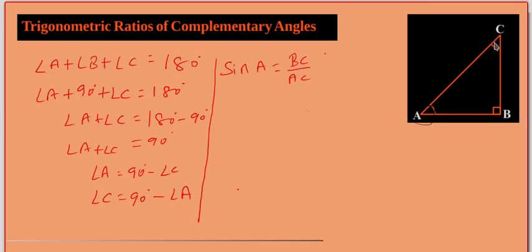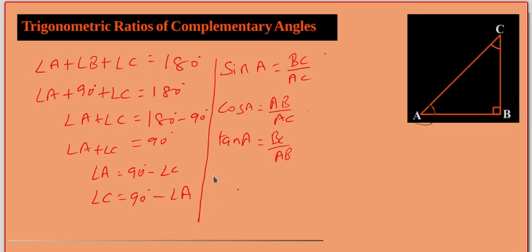We'll get all the ratios for angle A. What is cos A? Cos A is adjacent side divided by hypotenuse, so AB divided by AC. Tan A is nothing but sin A divided by cos A, so we get BC divided by AB.